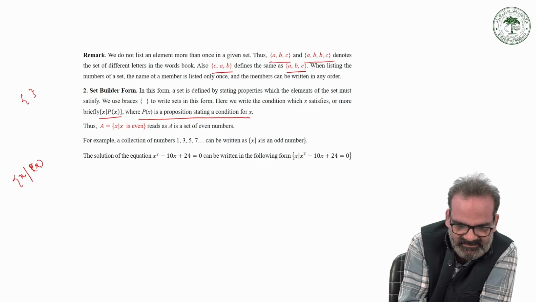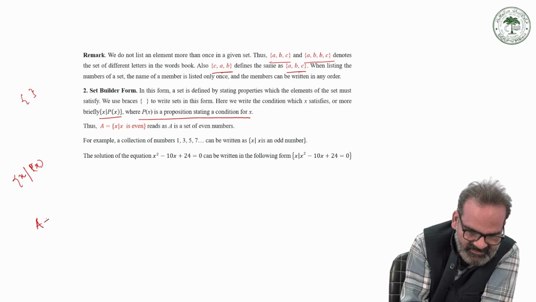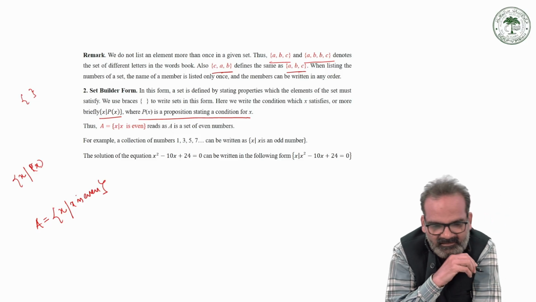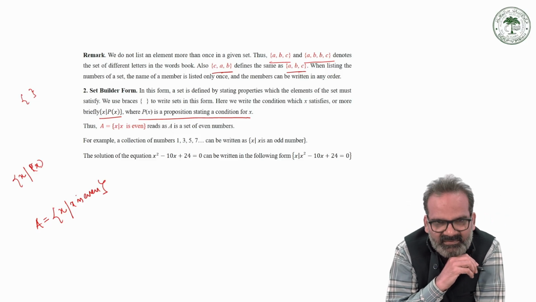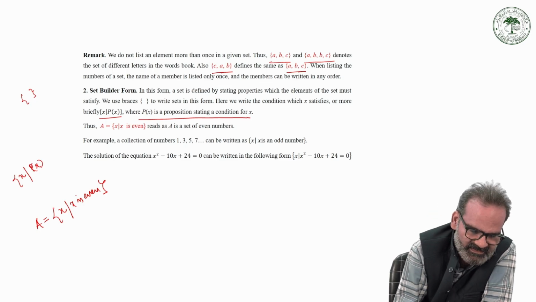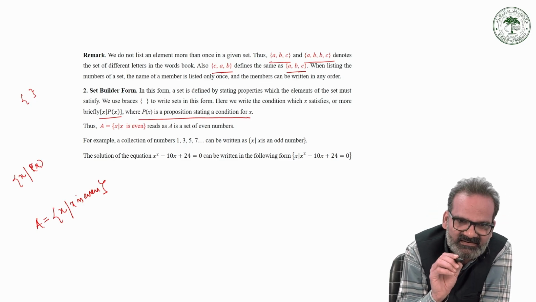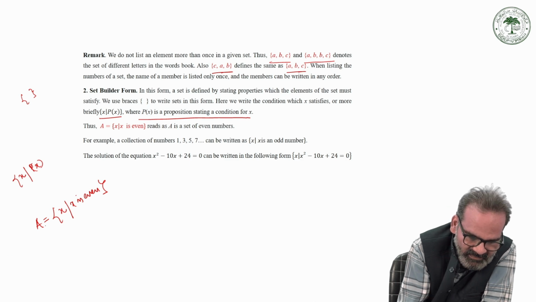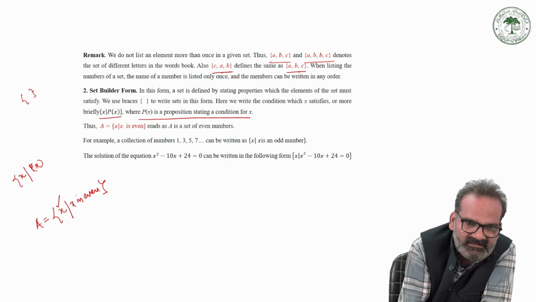Look at the example. Thus, if we write A = {x | x is even}, this is how a set can be represented, and this form is known as set builder form. What does it mean? The element of the set is x, right? But x is what?